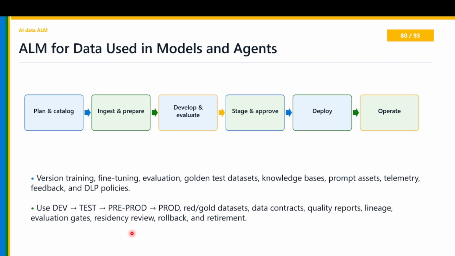So also determine where the data should be hosted, whether SharePoint, OneLake, OneDrive, warehousing in Fabric, and what type of warehousing in Fabric, or on Azure if you want to use Azure Synapse or Azure SQL Database. Then also determine rollback and retirement. So when the data should retire and be considered as historical data. So it's also very, very important. So this is the life cycle of agentic AI system data.